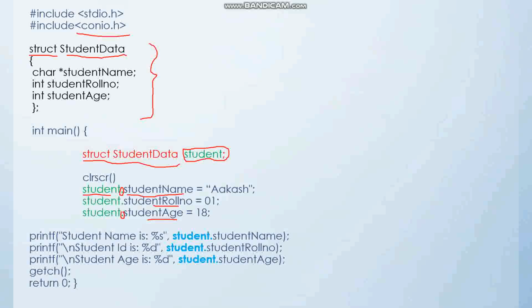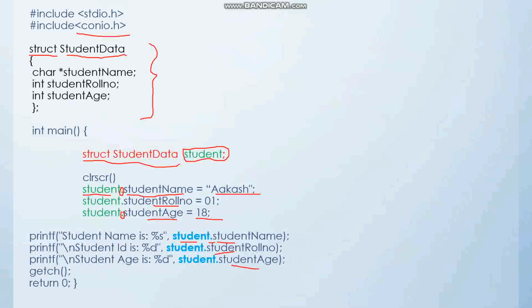Now I'm assigning the value to this member, that is Akash. So the value of student name is Akash, the value of student roll number is 1, and the value of student age is 18. Now I want to print these values: the values of student name, student roll number, and student age, by using the variable with the member operator. So in the printf statement, I'm writing student name is %s comma student dot student name.